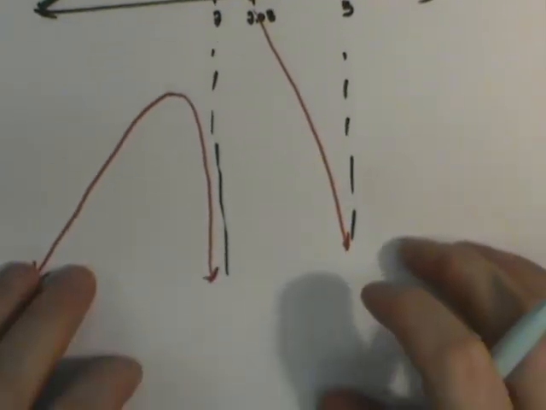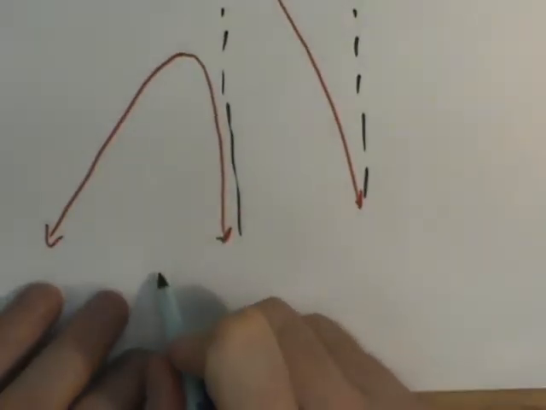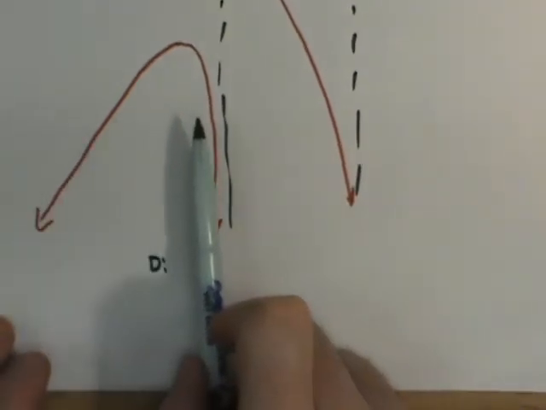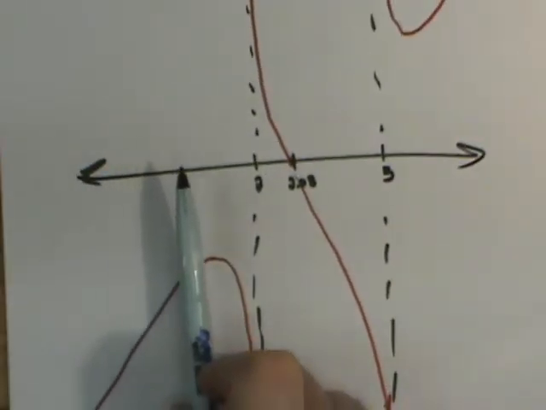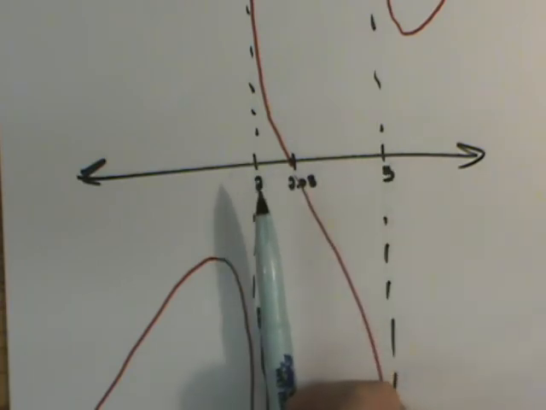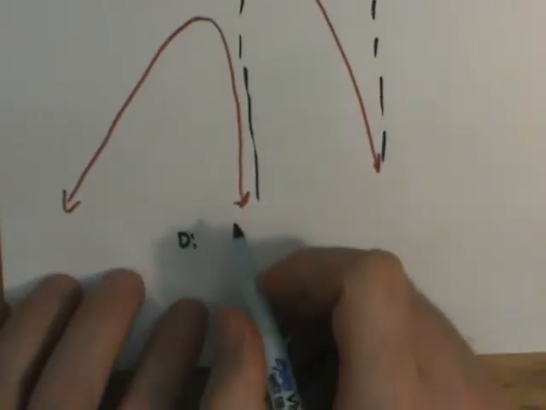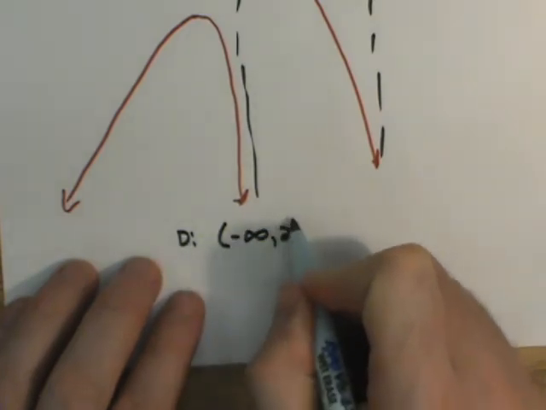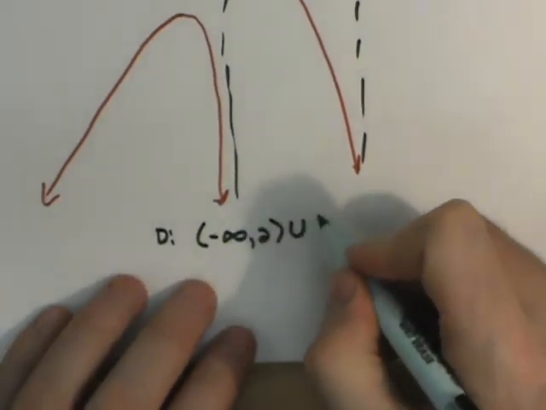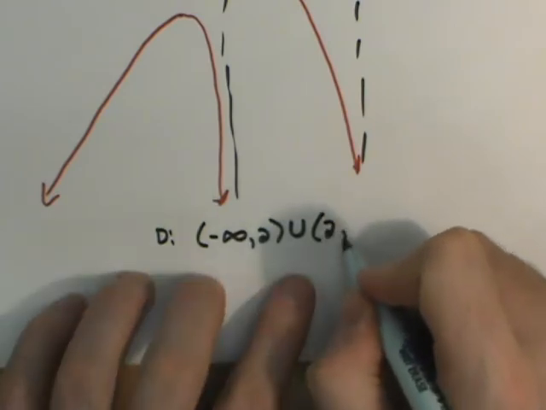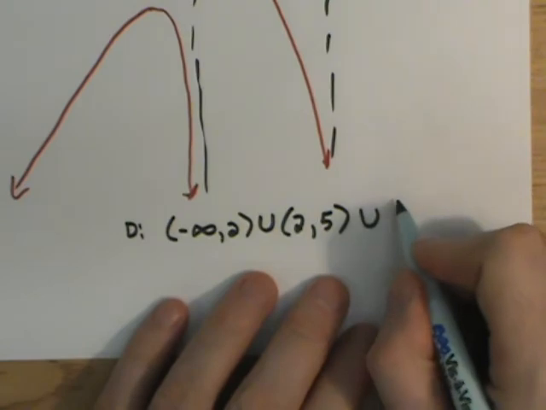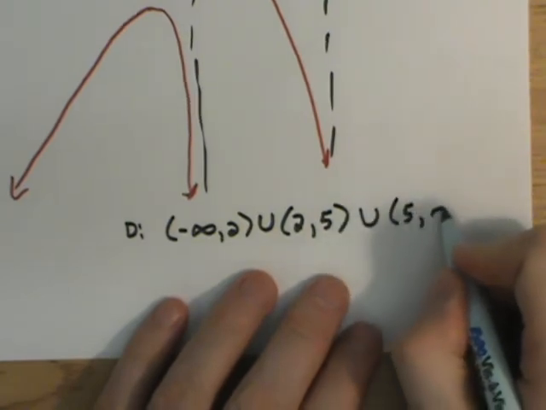So as I pull this all together, we talk about the domain, the collection of x values. I can hit just about every x value as I run across the x-axis. The only place where I have issues is at 2 and 5. So I can say we want to go from negative infinity up to 2, I can't have 2, unioned with 2 to 5, I can't have 2 or 5, union with 5 to positive infinity.